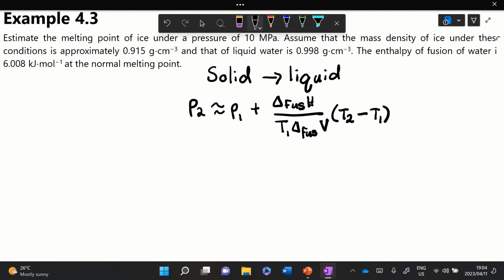The only thing that we need to really look at is to calculate this change in the molar volume of fusion. So in other words, what is the change in the molar volume during this fusion process, the melting process for the ice.